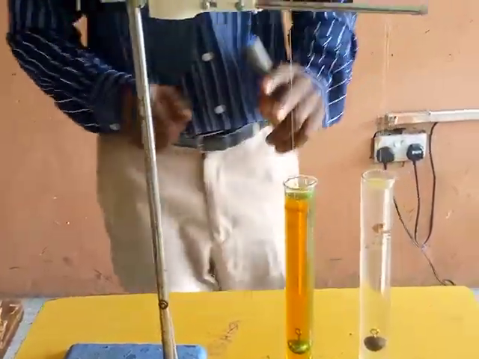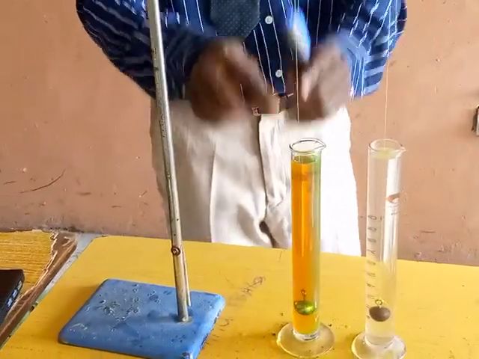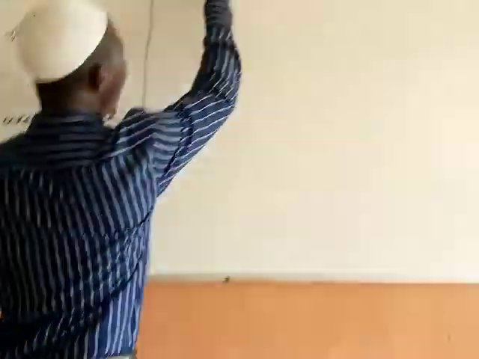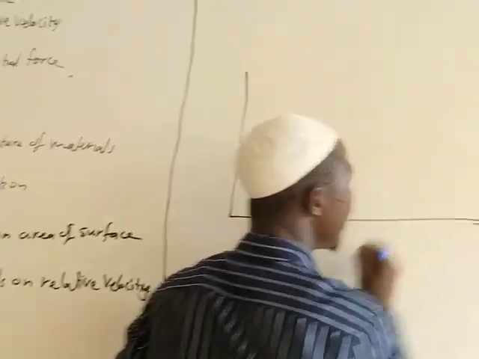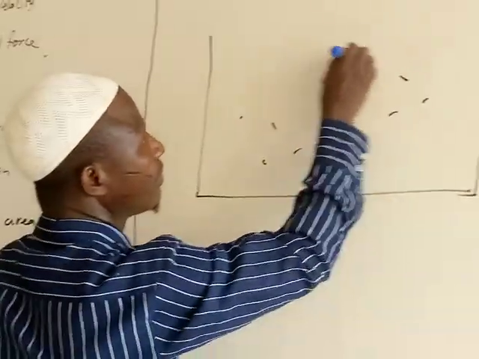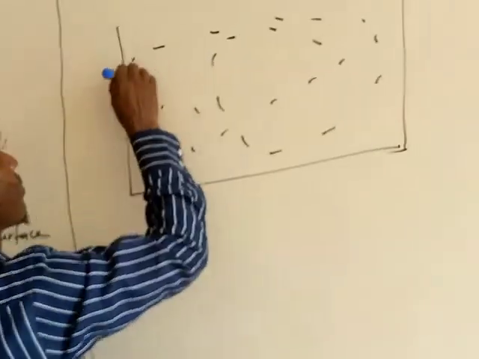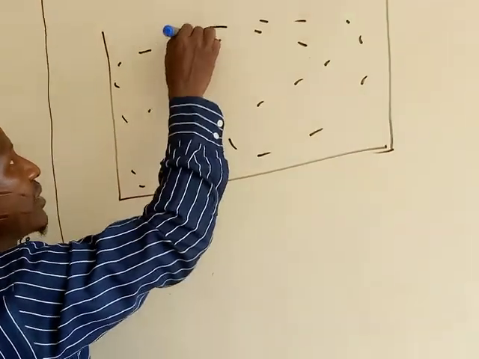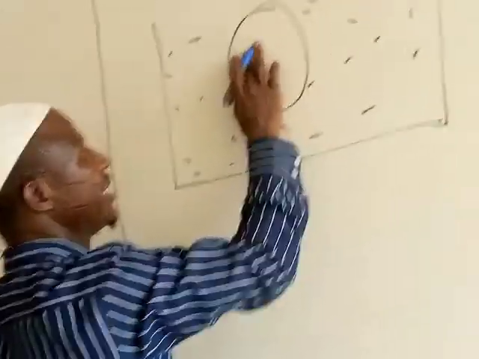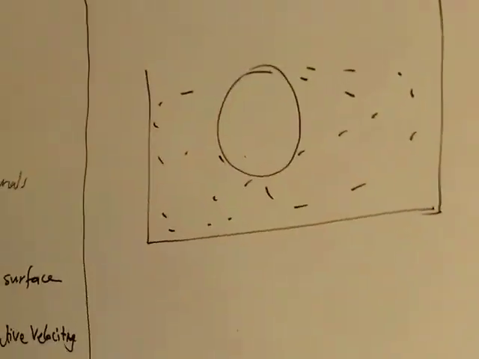Now, how many forces are acting on an object as it's moving downward? Let's say we have our viscous liquid, oil, like this. Then we have an object moving downward inside it, like what we just did.